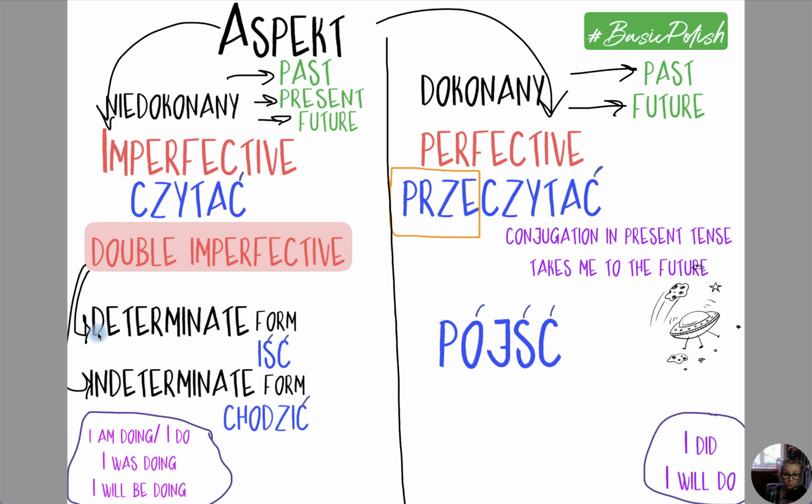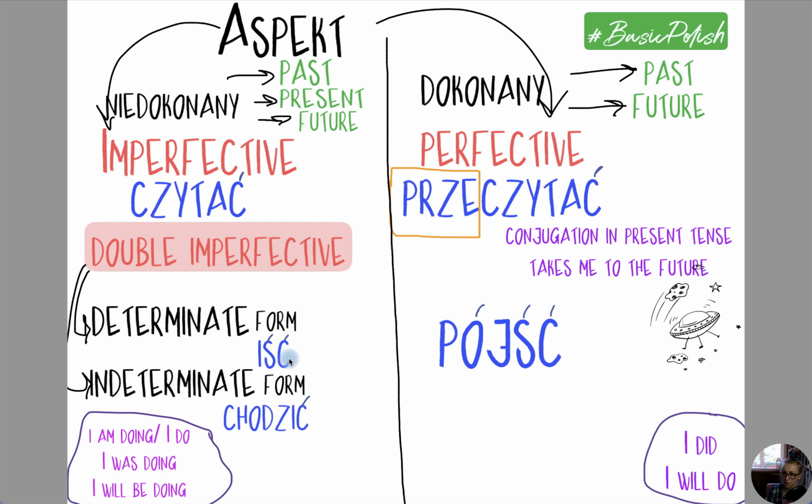They're double imperfectives, and they have two forms. That's why we call them double imperfectives. They have a form that is determinate and another form that is indeterminate. The determinate form will allow you to specify that you're doing something right now. The indeterminate will allow you to say that you do something habitually, frequently. There will be frequency inbuilt, imprinted in these verbs.